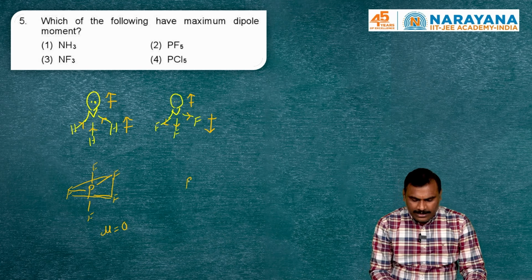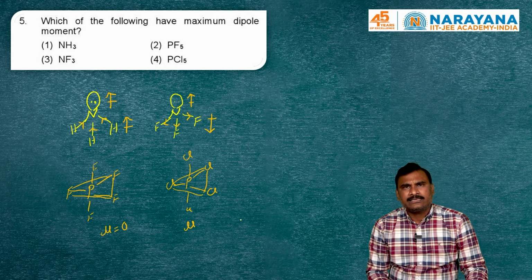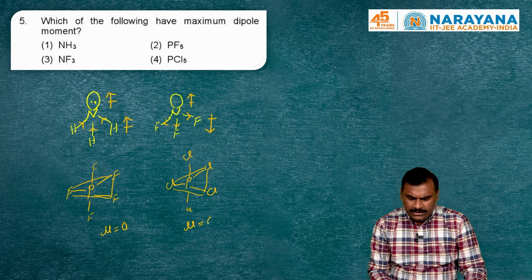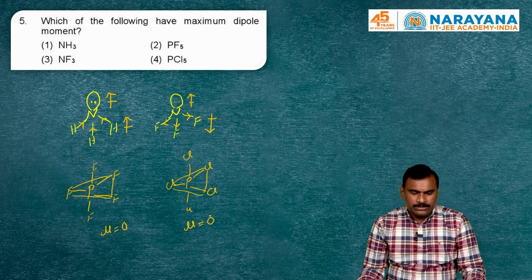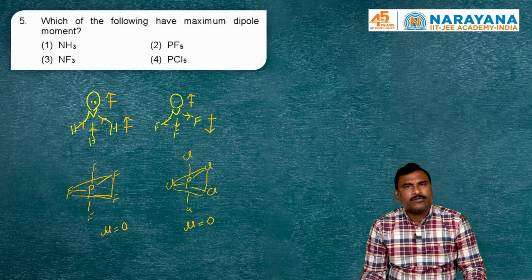And if you go for PCl5, in the same way, it is also trigonal bipyramidal, and also a regular and symmetrical structure. Therefore, mu equals 0. So only ammonia and NF3 have dipole moment not equal to 0.